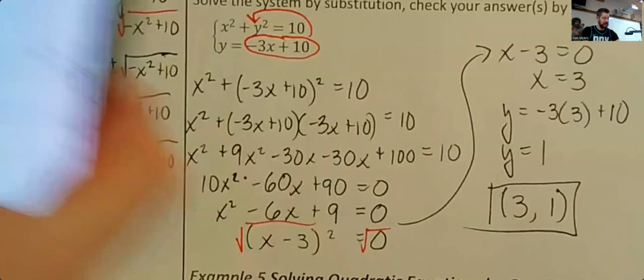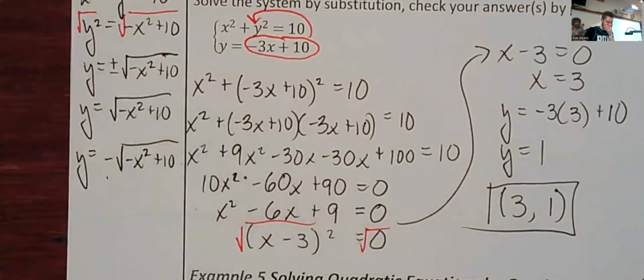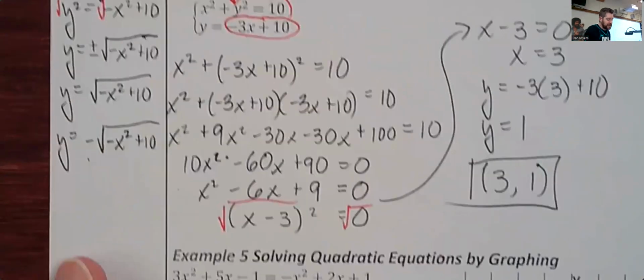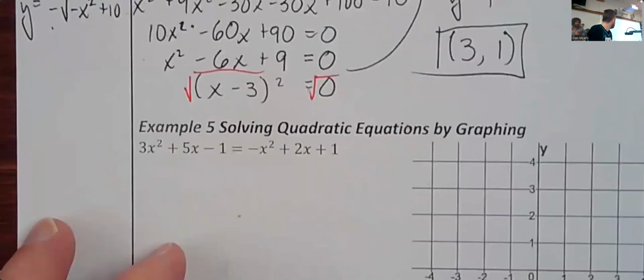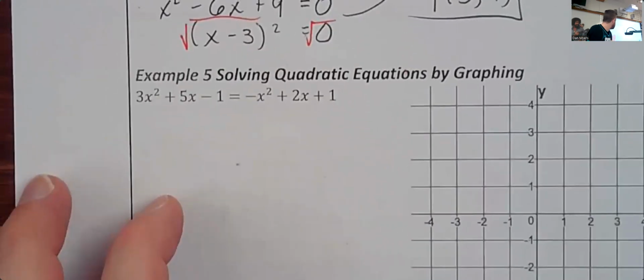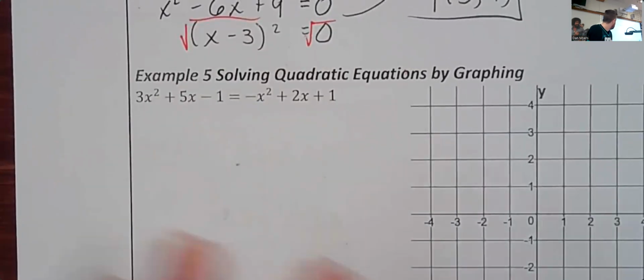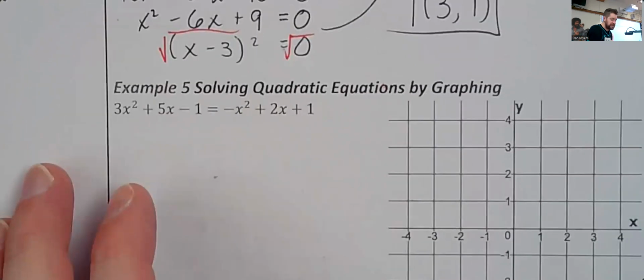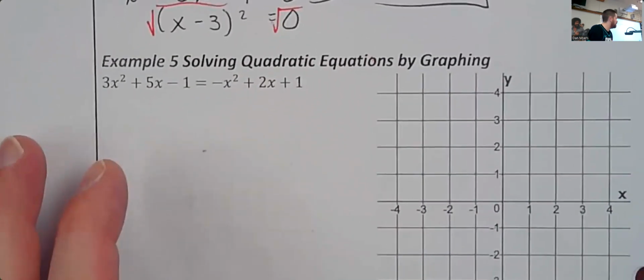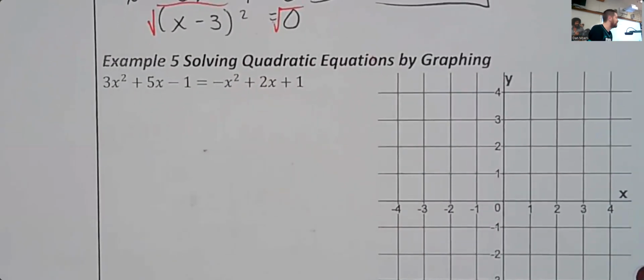All right, let's take a look at this last one. This last one says solving quadratic equations by graphing. Now, what do you think is going on here? Any thoughts on this one? This doesn't look like anything we've seen before, does it?